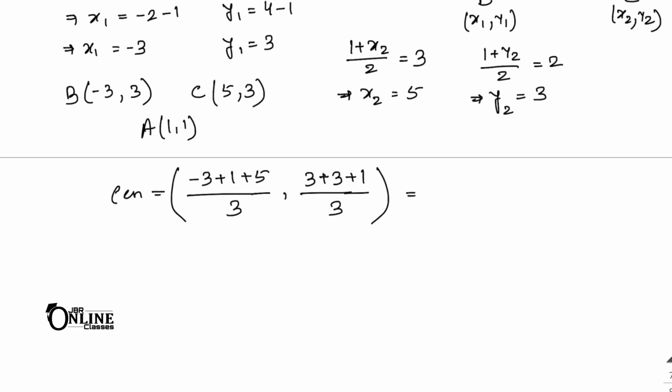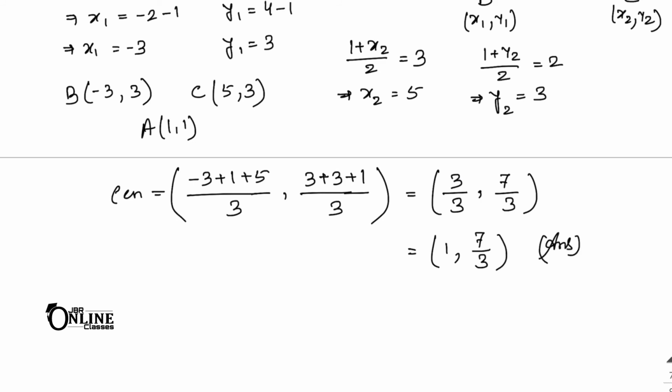Okay, so that one equal to here 5 plus 1, it's 6, 6 minus 3, it's 3 by 3, and next one here 3 plus 6, it's 7, 7 by 3. Okay, so first one will be 1 and second one 7 by 3. So (1, 7/3) is your answer.